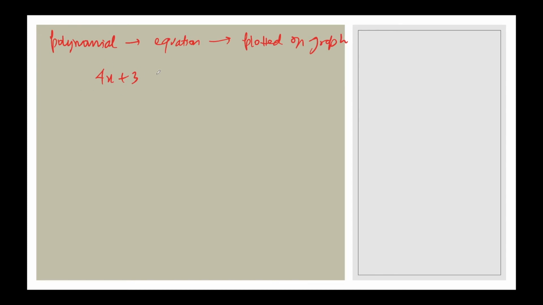So 4x plus 3 is a polynomial, and I can say that 4x plus 3 is equal to, say, y. Don't be confused about what this y is. What I'm trying to do here is plot a graph. A graph has an x coordinate and a y coordinate, so I'm recreating these axes in this equation. This x denotes the values in the x-axis, and the y denotes the values in the y-axis. It is that simple.